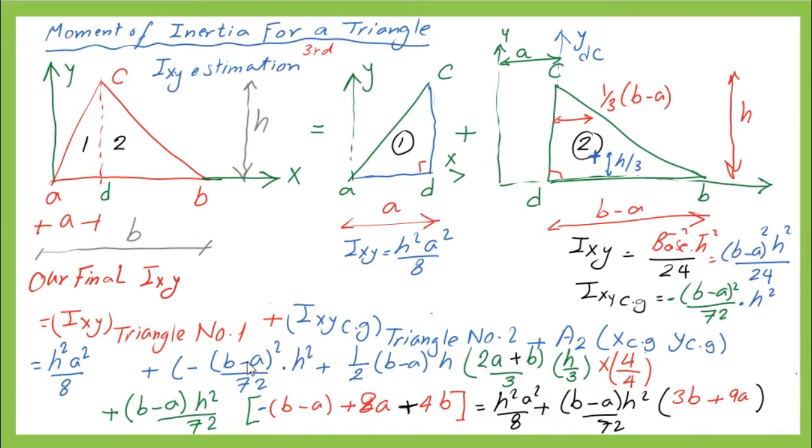We open one bracket. We have here minus sign, so it means minus B minus A squared, which means that after taking B minus A out, we have still minus B minus A inside the bracket.